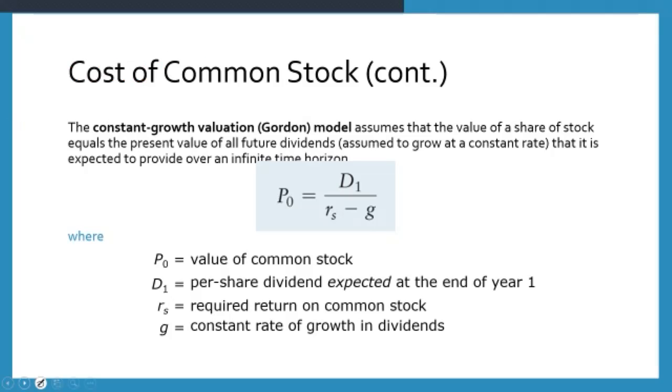Now, if you get a question that requires the stock not to grow at constant but at variable rate, you have to use the next formula, which is same thing, sorry, same constant growth model.